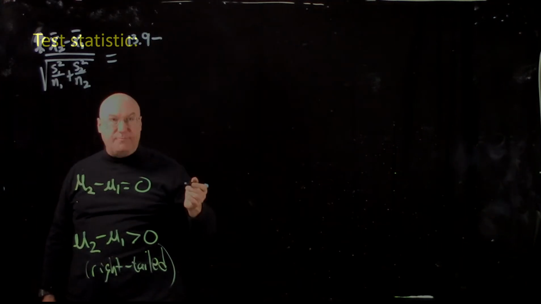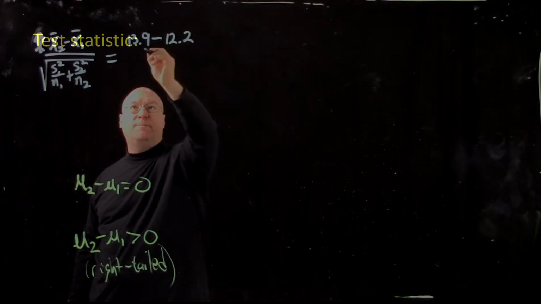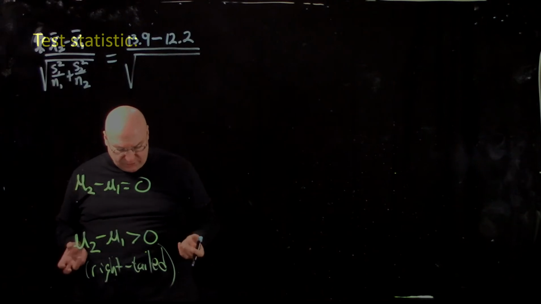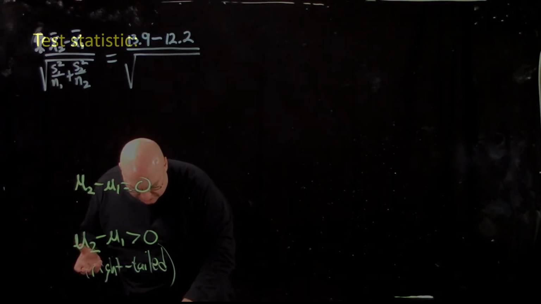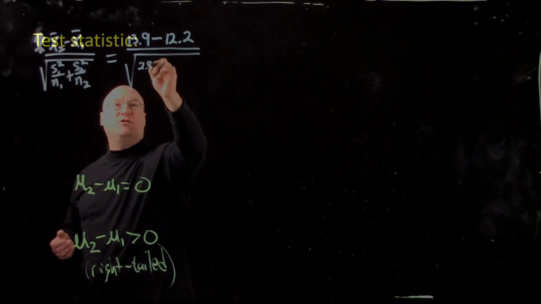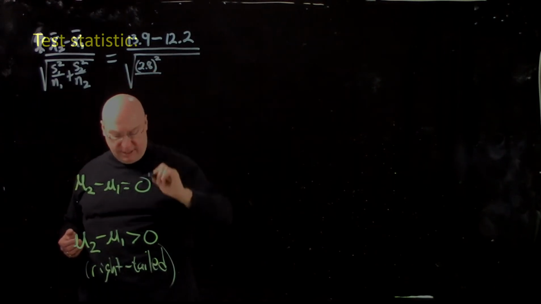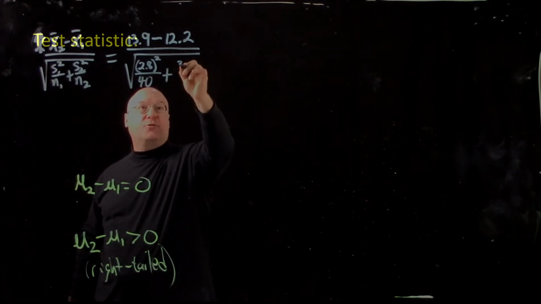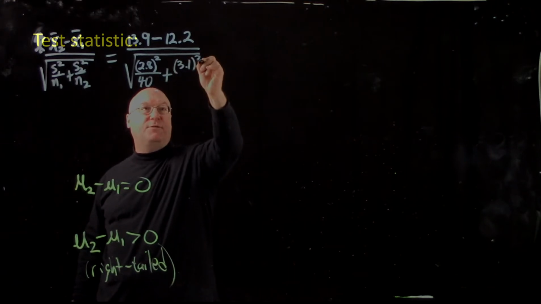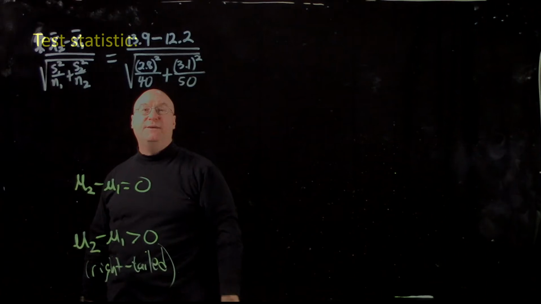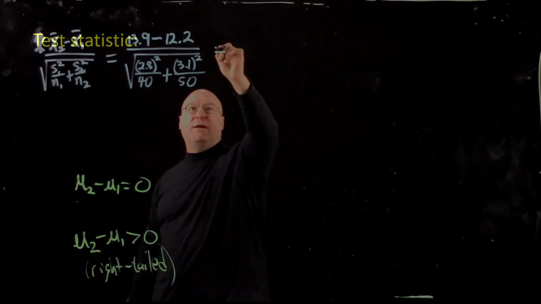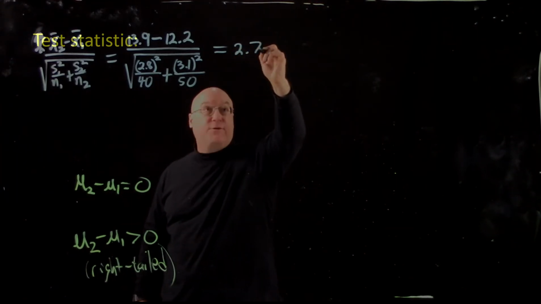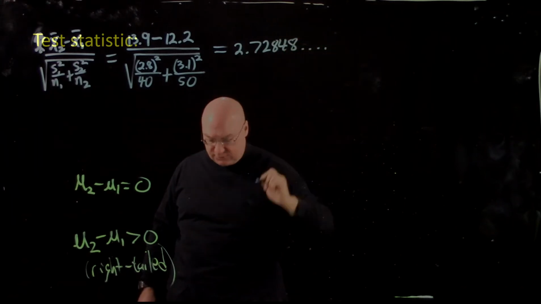The sample mean from the unfertilized was 12.2 pounds, divided by the square root of 2.8 squared, the sample standard deviation from the unfertilized group, over that sample size, which was 40, plus 3.1 squared, the sample standard deviation for the fertilized group, over 50. We compute all of that, and we get 2.728482848, et cetera.